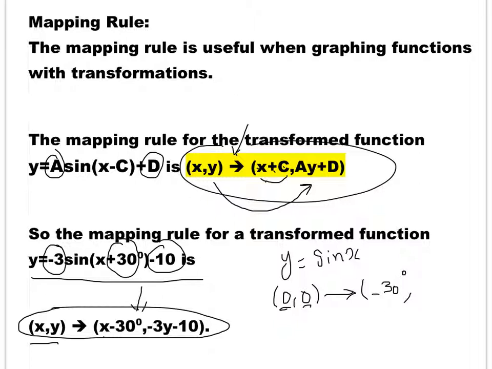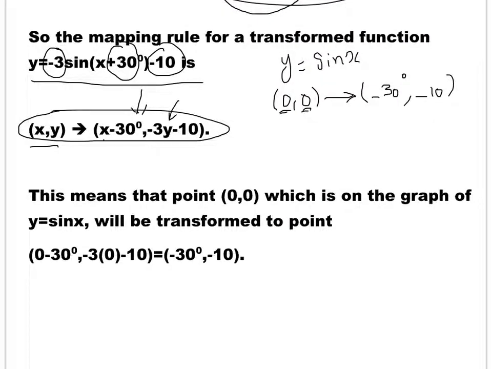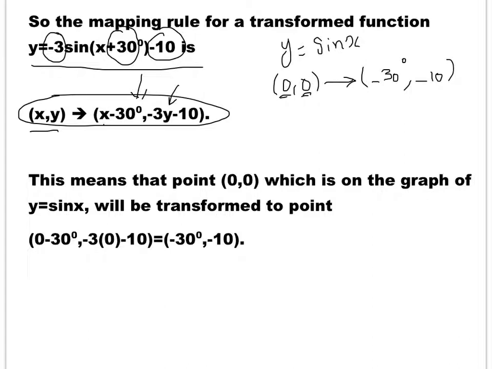Now, what is the y value in the base function? 0. So I put it back in this equation. What is -3 times 0? 0. What is 0 minus 10? So you can see (0, 0), when it's transformed, is going to become (-30 degrees, -10). So step by step again, (0, 0) is going to be transformed to (-30, -10).